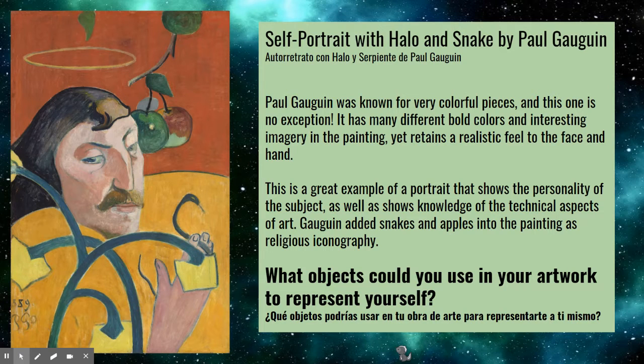This is a great example of a portrait that shows the personality of the subject, as well as showing knowledge of his technical aspects, like his ability to paint a face. Gauguin added snakes and apples into the painting as religious iconography. What object could you use in your artwork to represent yourself?